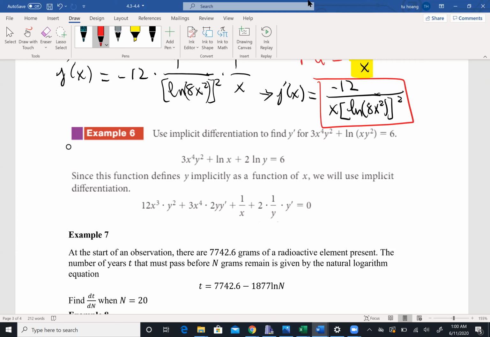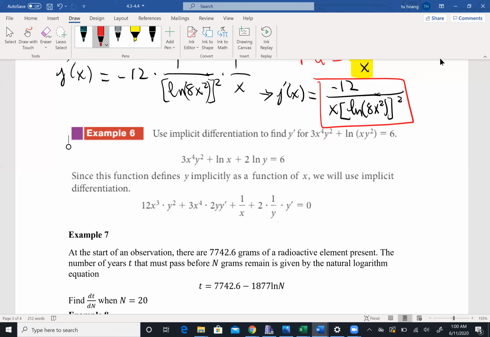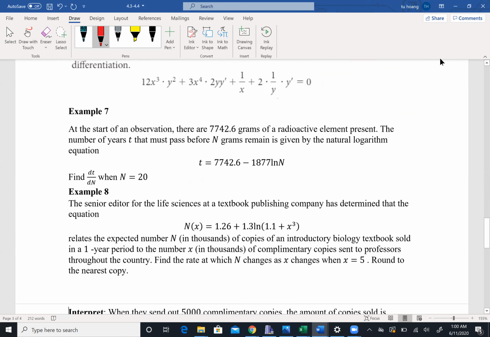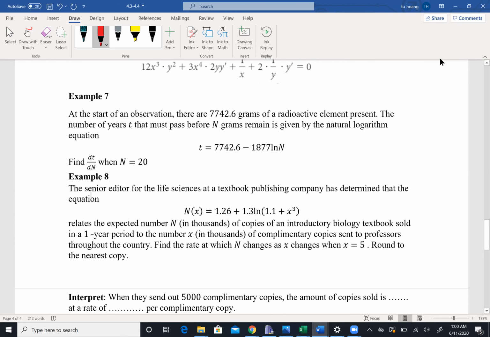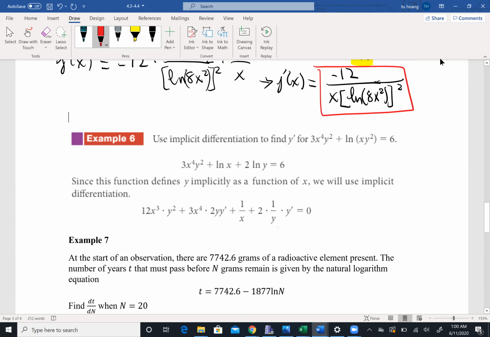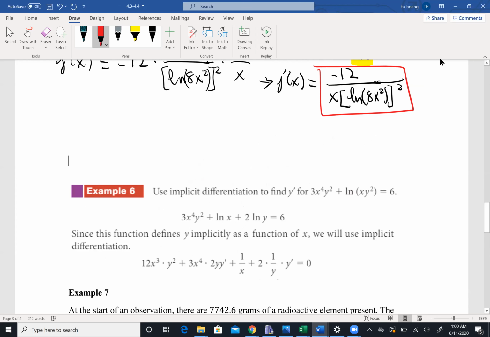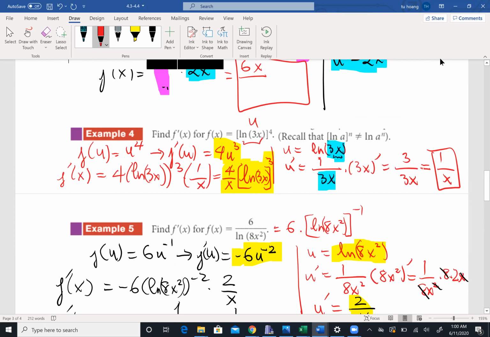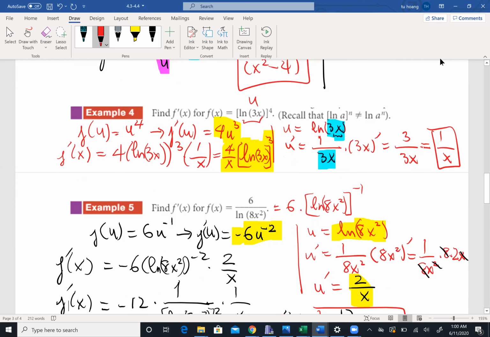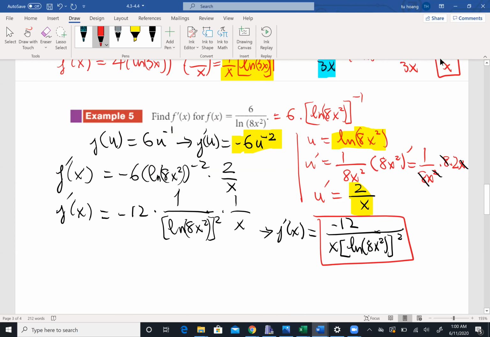So let me see. You know what? I would like to spend example 6 to example 7 and 8 in another video. So I would like to stop this video here and talk about it in another video.